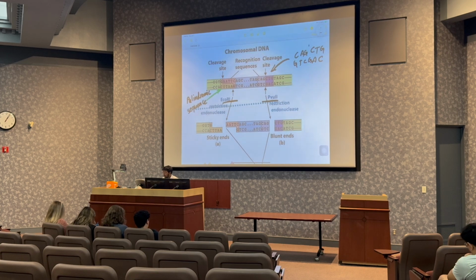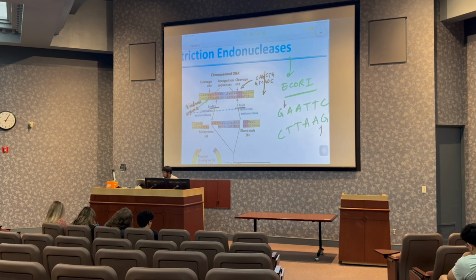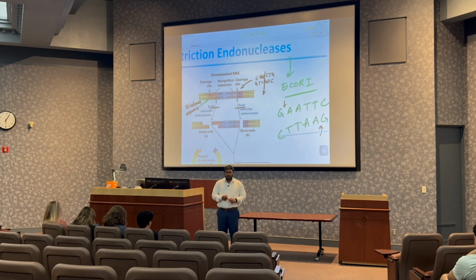This one cuts over GAATTC, which is this one and this one. So my question is, which of the restriction enzymes makes a blunt end and which one makes a sticky end? EcoR1 always makes sticky ends and PvuII makes blunt ends because there are no additional nucleotides hanging around. Okay, so I'm clear up to here.